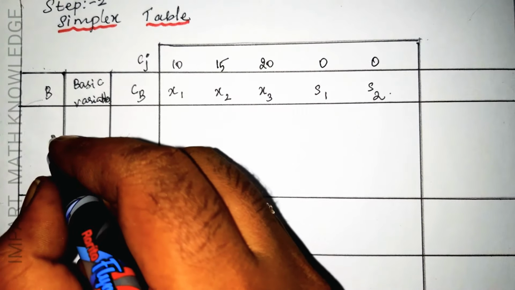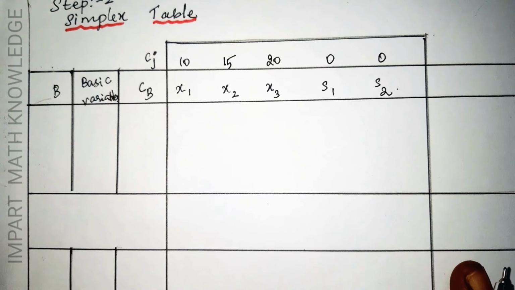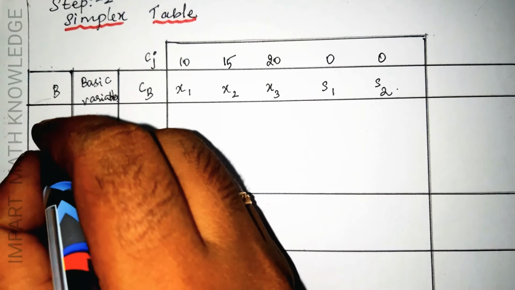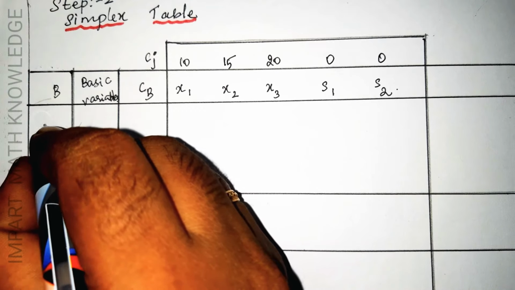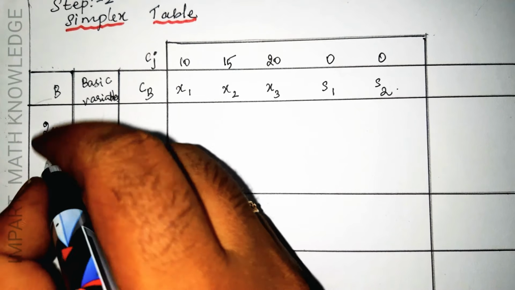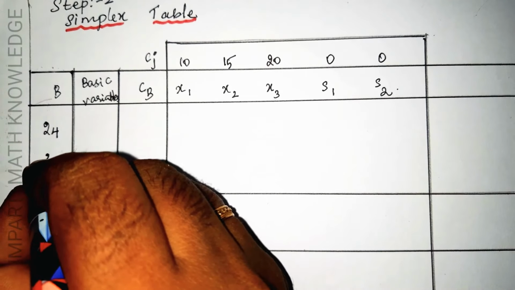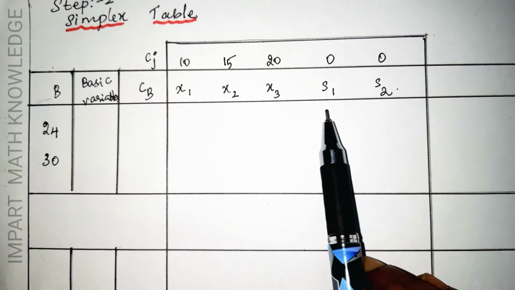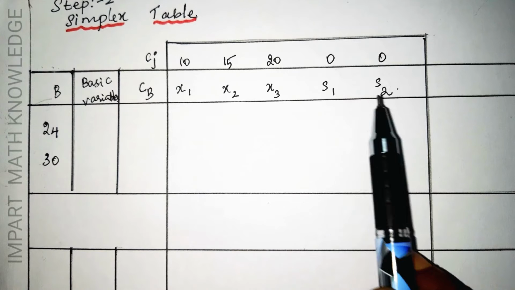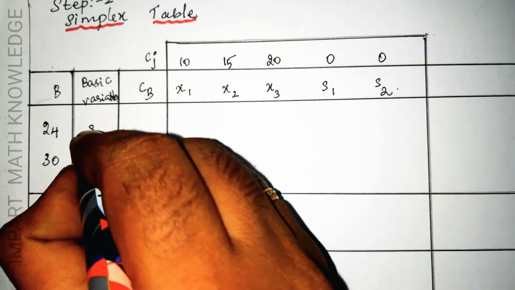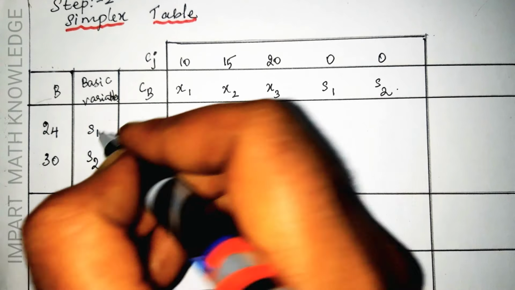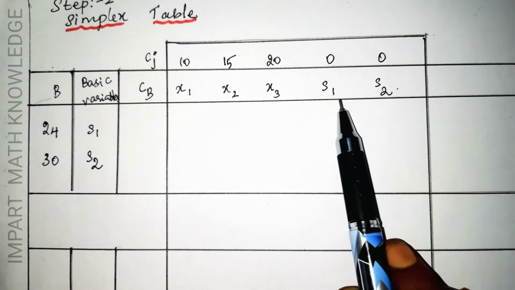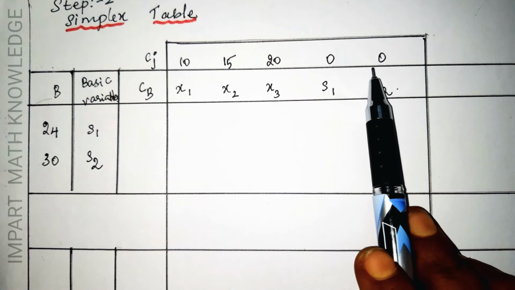Here you have to write the right hand side values. The right hand side values are 24 from the first condition, 30 from the second condition. The basic variables are nothing but the newly introduced variables s1 and s2. The cost for those two variables in the objective function is 0.